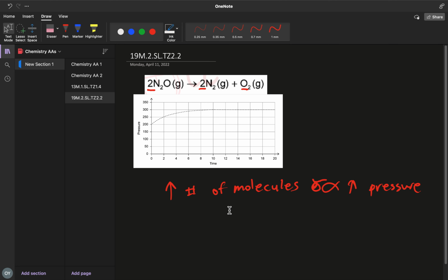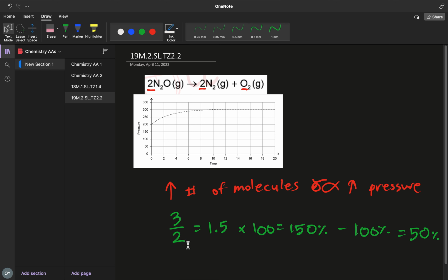But the question also asks why it increases. If we take the 3 on the product side over the 2 on the reactant side, that will give us 1.5, times 100 gives us 150%. Now, if we subtract 100%, we get a 50% increase from 2 to 3.